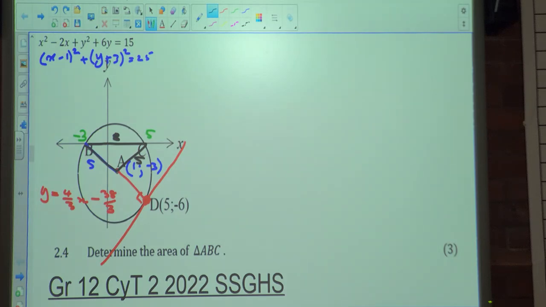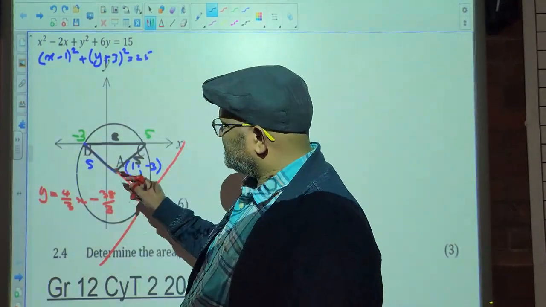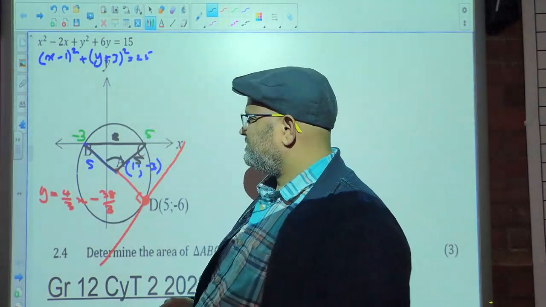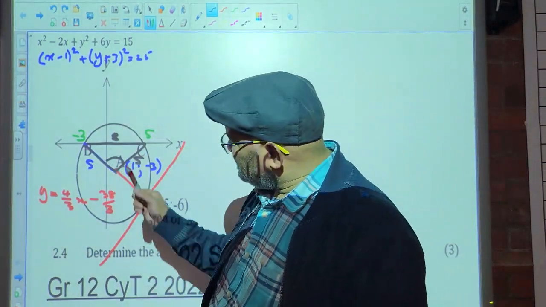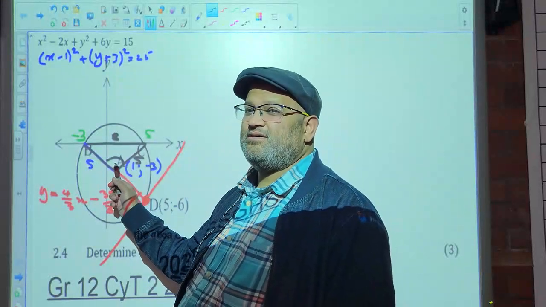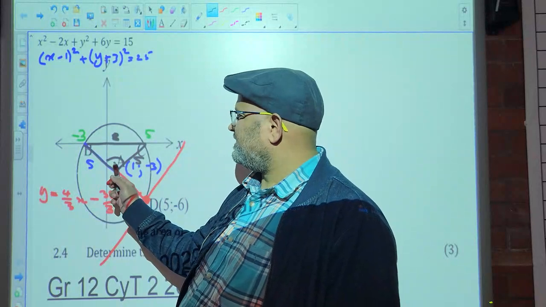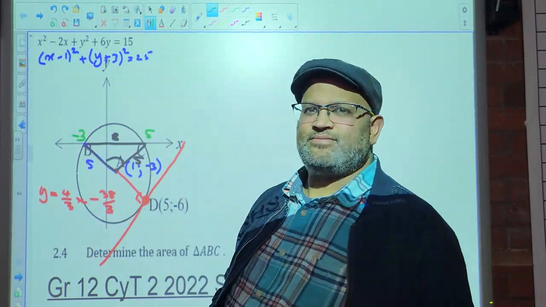So I need to use the sine rule. However, I need to know this angle here, which I don't have. But with this information, I've got 3 lengths. How can we calculate this angle? We have 3 lengths: the cos rule.